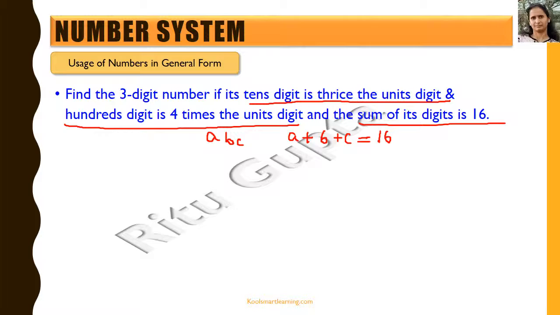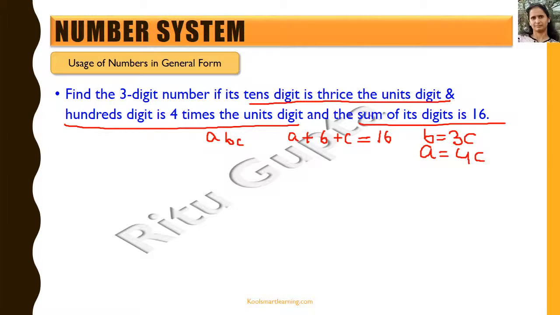We know that the tens digit, which is B, is thrice the units digit, so B is equal to 3C, and the hundreds digit, which is A, is 4 times the units digit, so A is 4C.